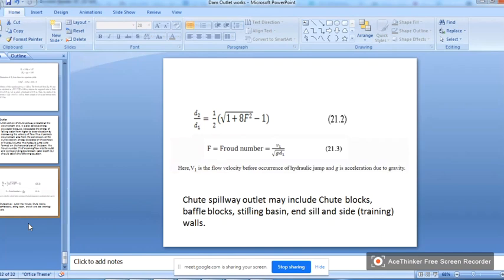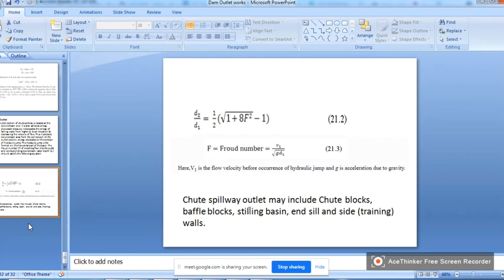In a chute spillway, the water flows perpendicular to the spillway. It spills over the spillway crest and then moves straight. Whereas in a side channel spillway, after spilling over the spillway, it takes 90 degrees and moves to the downstream side and joins the river.